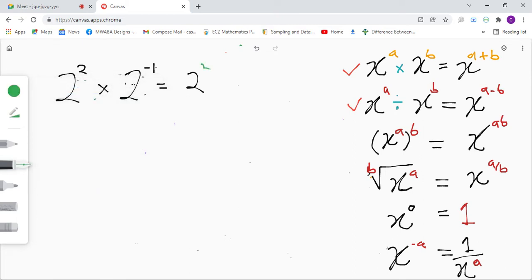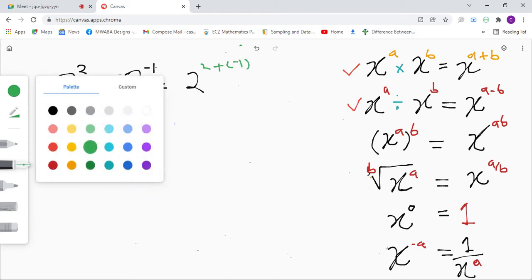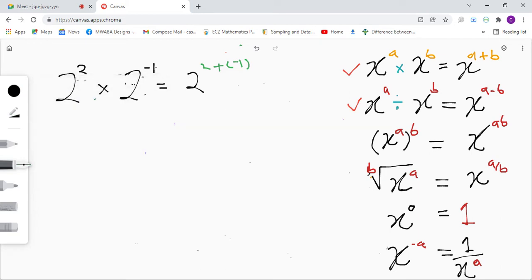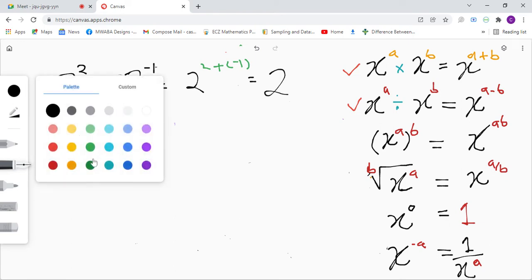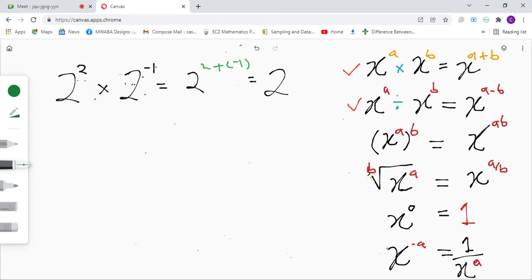We have 2 plus -1, so 2 plus -1 is the same as 2 minus 1. So we're going to have 2 to the power 1 as our answer.